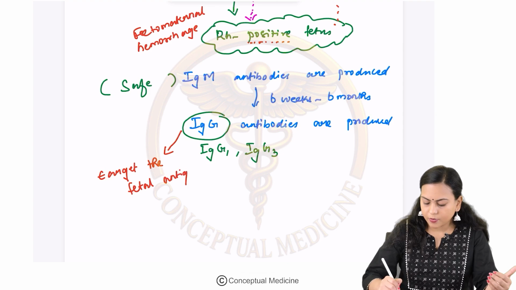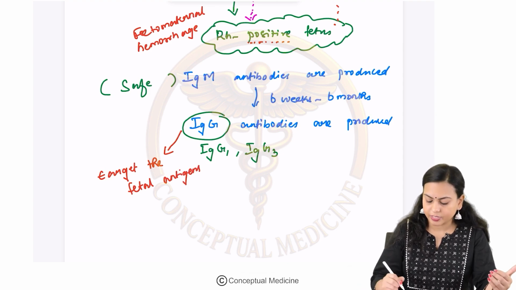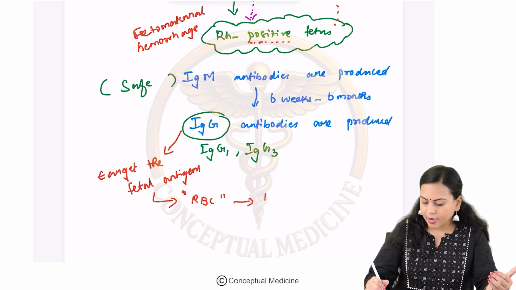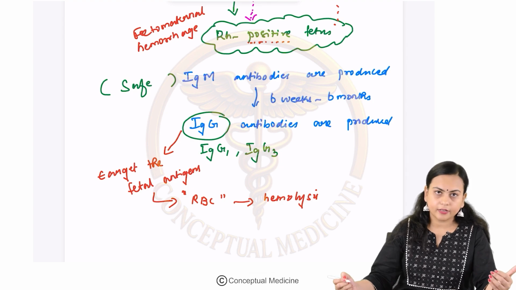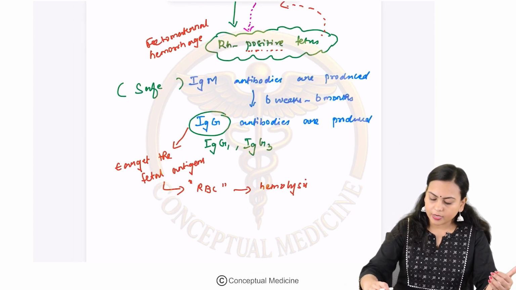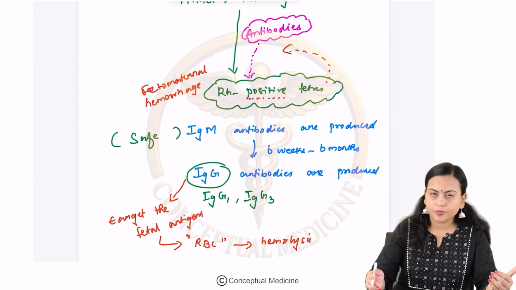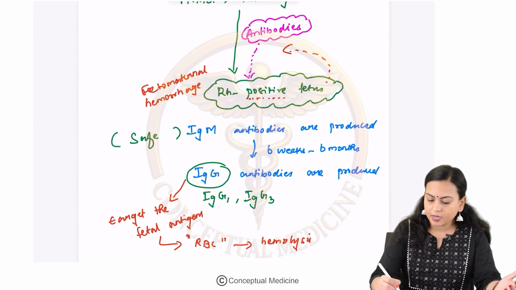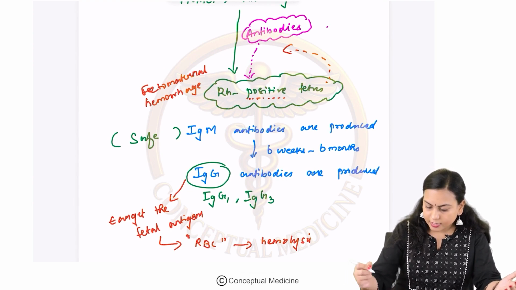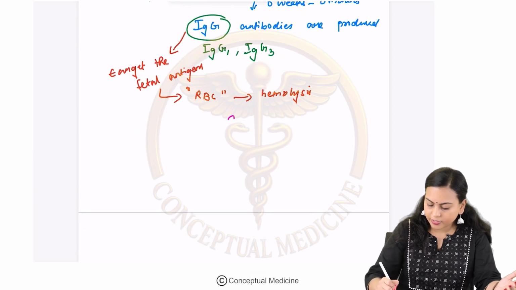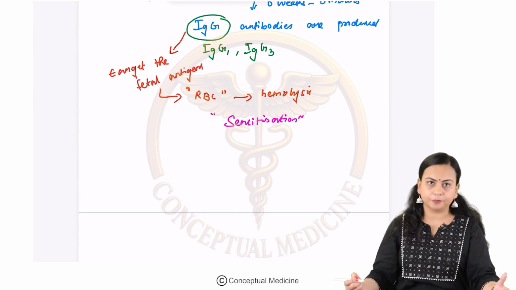Now, where are the fetal antigens present? Yes, on the RBC. So RBCs are targeted and they go for hemolysis. Clear? So initially, when this feto-maternal hemorrhage happens, the first thing is sensitization of the mother, or sensitization of the immune system.